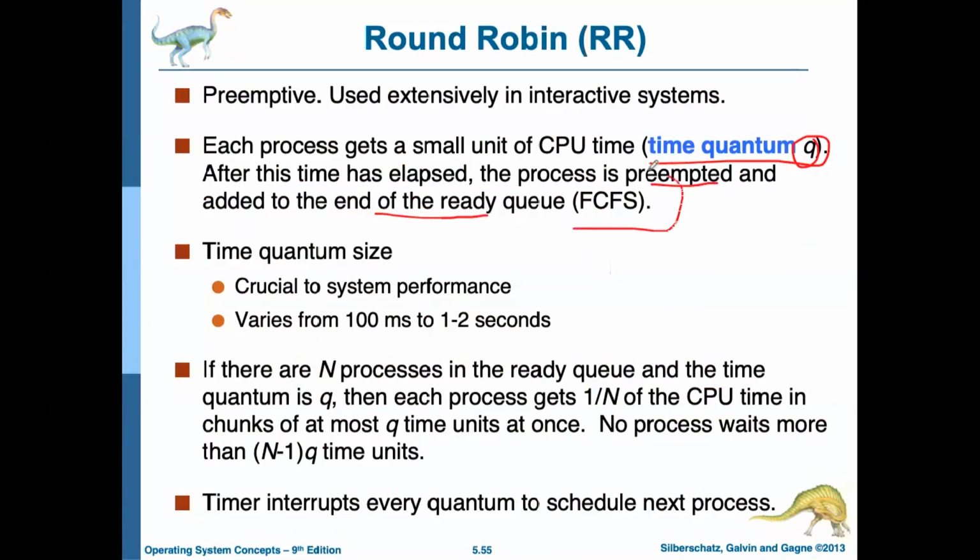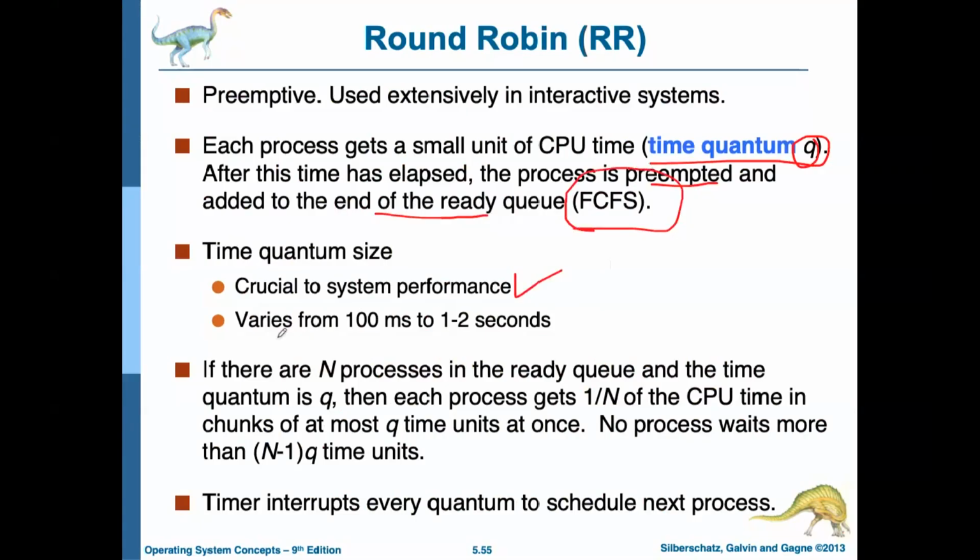The queue algorithm is first come first serve. Time quantum size is crucial to system performance. It depends on the target, and there is a time they allocate to each process.